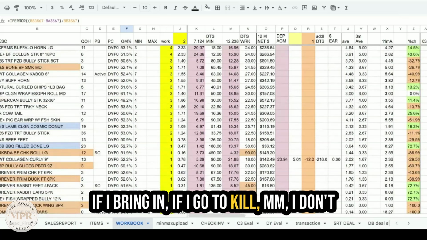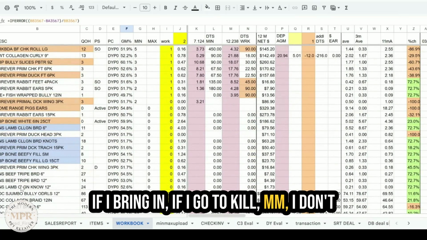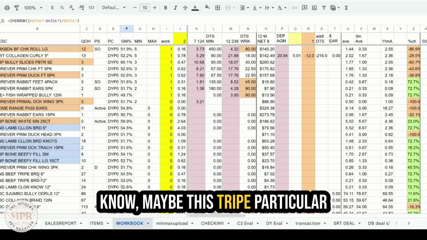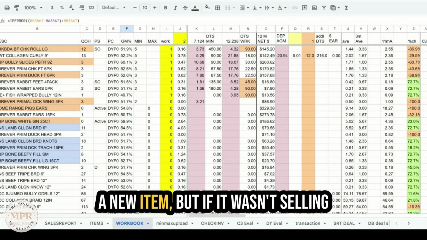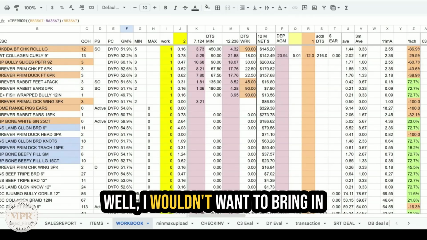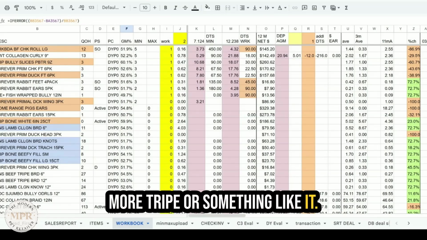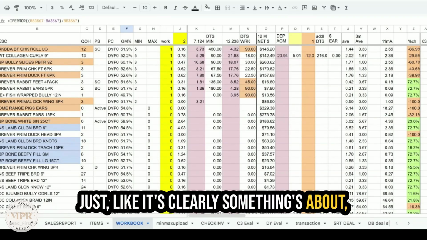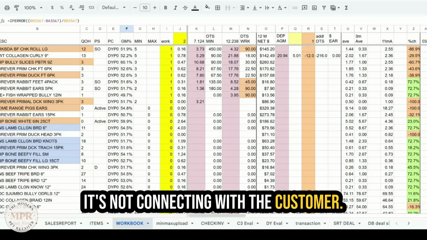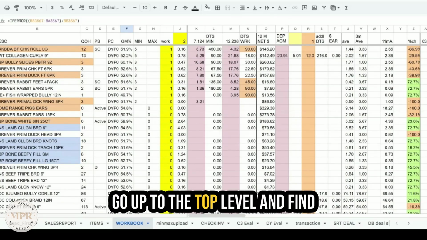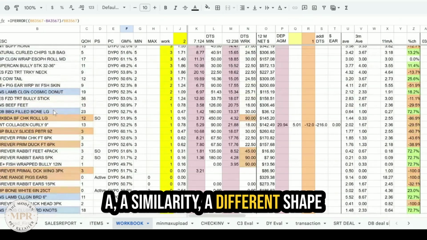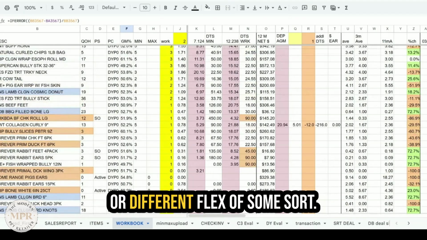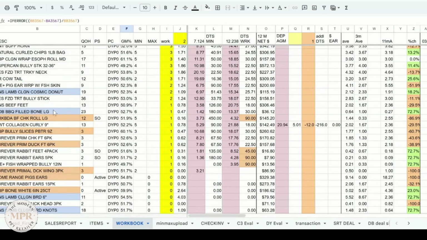If I go to kill, I don't know, maybe this tripe item that's not selling well. This is a new item, but if it wasn't selling well, I wouldn't want to bring in more tripe or something like it. Clearly something about it is not connecting with the customer. Don't bring it back. Go up to the top level and find something up there that might have a similarity, a different shape or different flex of some sort.